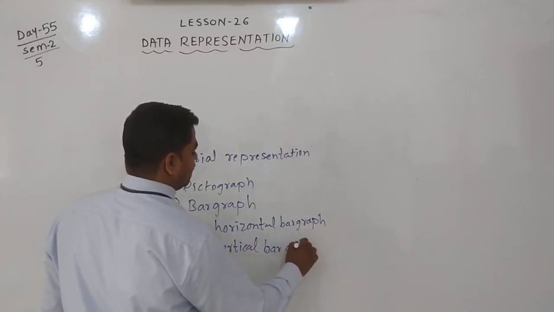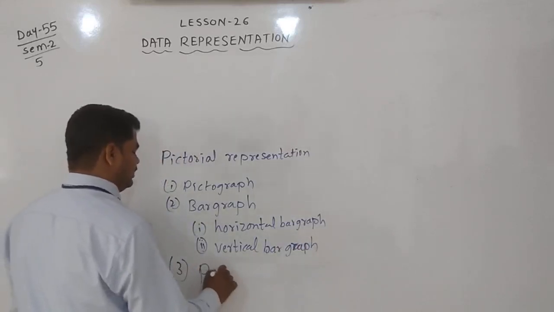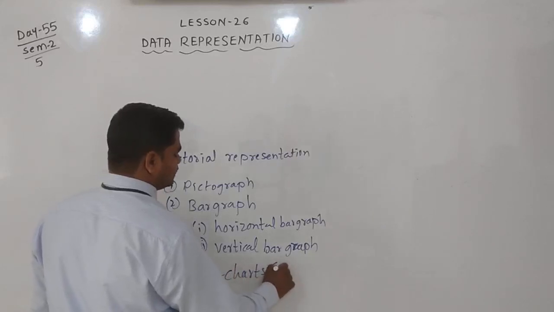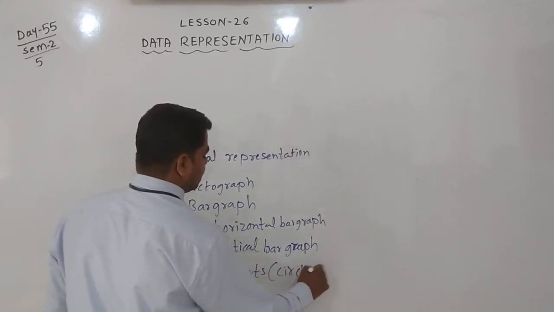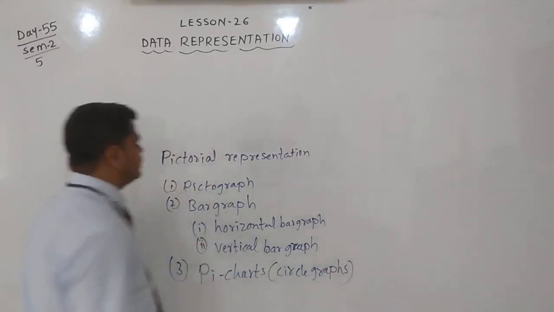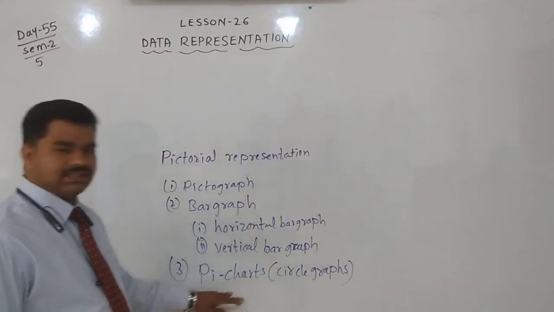And the last one is pie charts, or we can call them circle graphs. In the previous class we learned all these: pictograph, bar graph, horizontal and vertical. This is new to you.